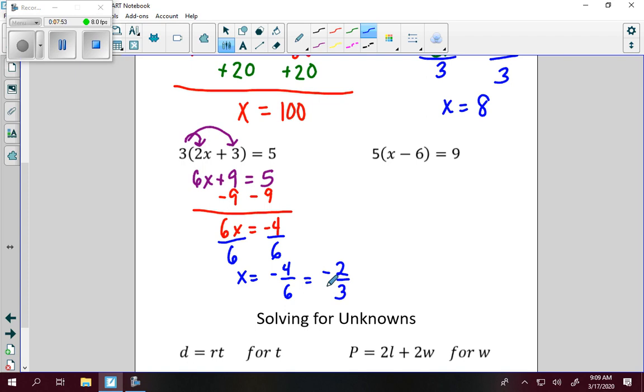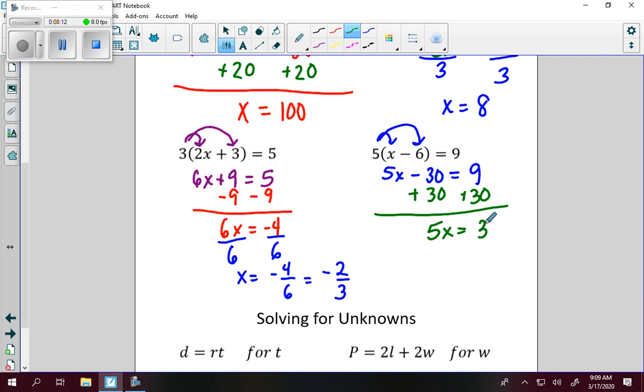And the last one I want to show you is 5. I'm going to multiply it by x, and I'm going to multiply it by negative 6. So I have 5x minus 30 equals 9. I have to get x by itself, so I'm going to add 30 to each side. And I have 5x equals 39.